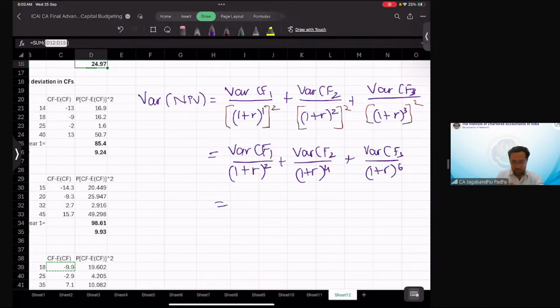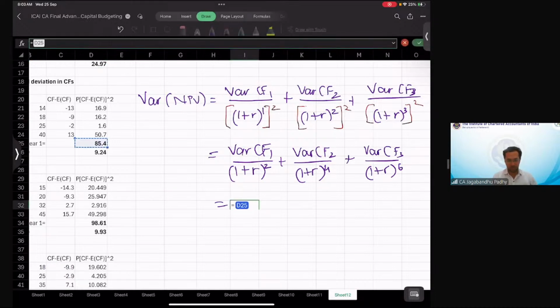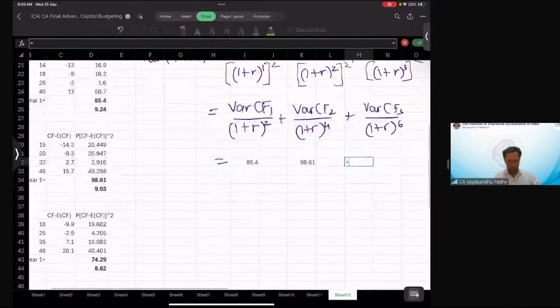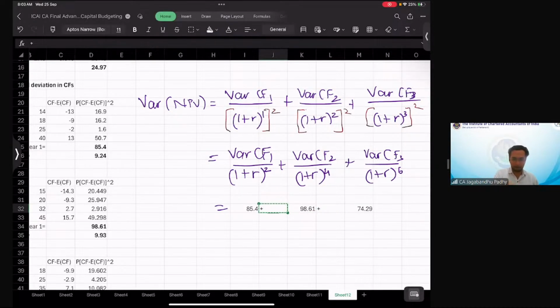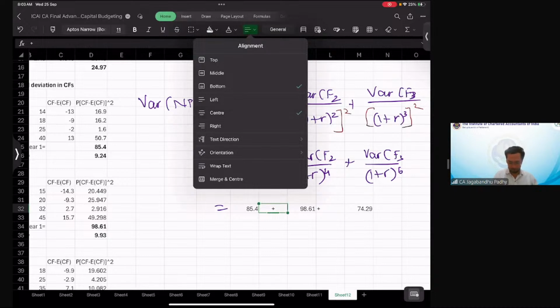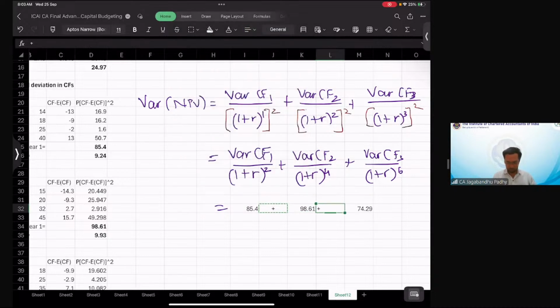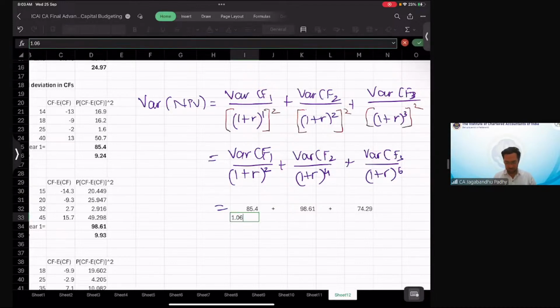So when we are calculating this, it's going to be 85.4, then 98.61, and then 74.29. Of course, all of them are going to get added. And then I need to divide by what percentage, sir? 1.06.